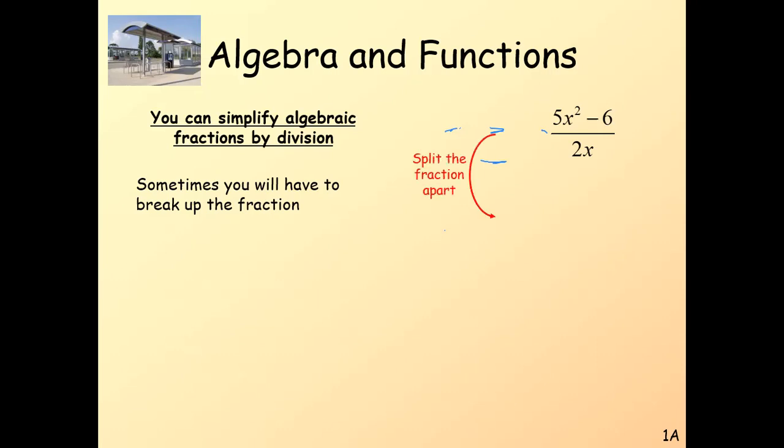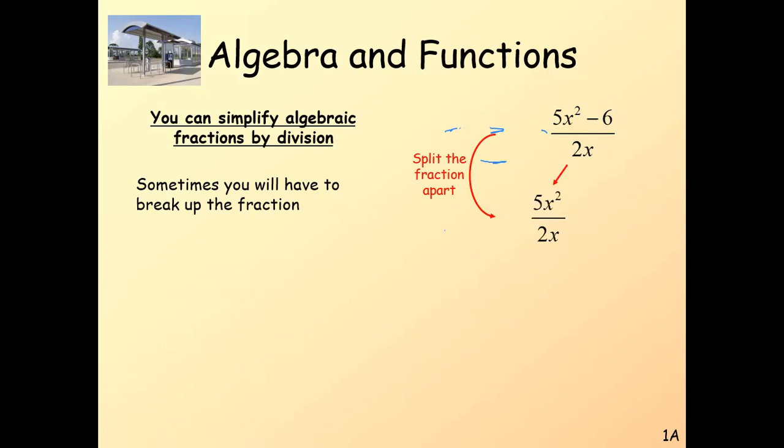Actually, you have to split the fraction, because you have 5x squared minus 6, and the 5 has the variable x, but 6 does not have any variable. So it means that we can't do the previous method on this one. First of all, you have to split the fraction.